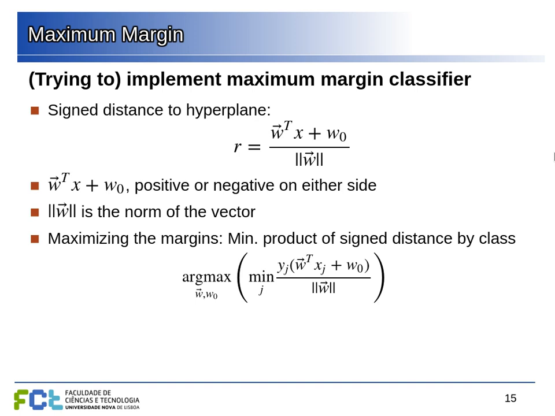So if the example is on the side of the hyperplane where this vector is pointing to, this will be positive. If the example is on the other side, it will be negative. This is how the inner product works. This constant here, W0, determines where the hyperplane is placed in space. This vector determines the orientation of the hyperplane.